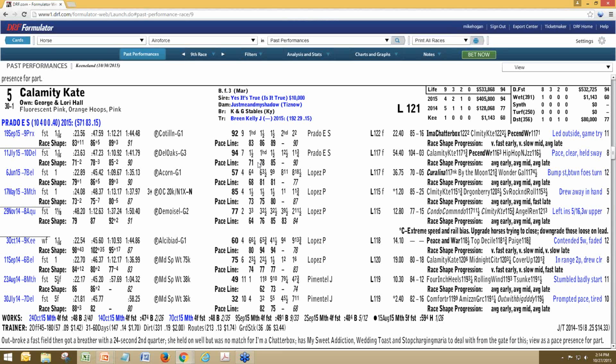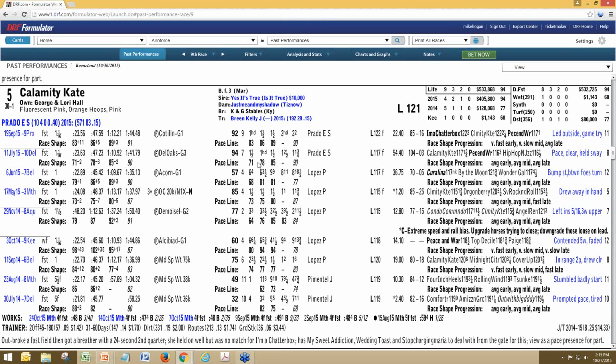So when you're looking for value, if you've got 30-to-1 on Calamity Kate, as opposed to 9-to-5, 2-to-1, 3-to-1 on Wedding Toast, and you can think that perhaps Calamity Kate could be hustled and could get a clear early lead, and maybe they'll leave her alone just like they do occasionally, thinking that she can't hold on. There's a chance that Calamity Kate could run pretty well at a big price and might be a really good value play just based on pace figures in there.